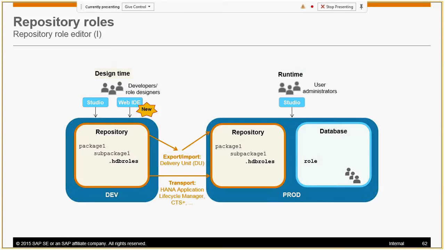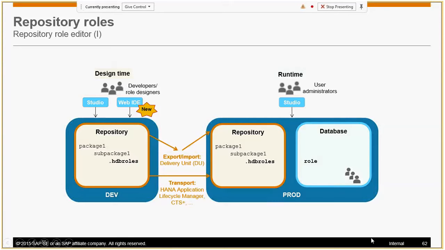To do a transport per object, so only on single objects, you need first of all to change the configuration of your system, recording the changes that you do. This means that you activate a functionality.